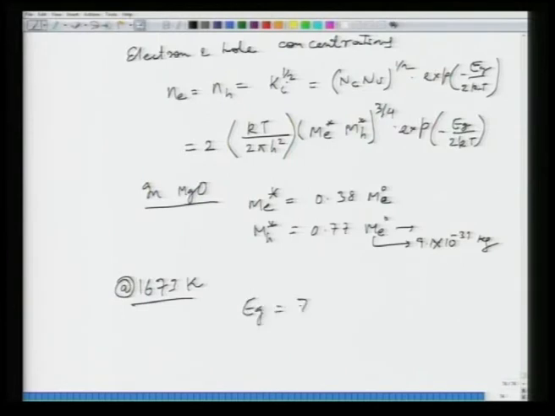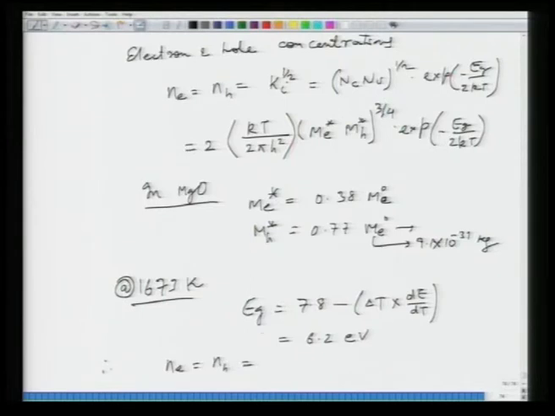So, Eg will be equal to 7.8 minus the difference of 1673 with respect to room temperature, delta T, multiplied by d Eg by dT. Okay, and this would come out to approximately 6.2 electron volt.